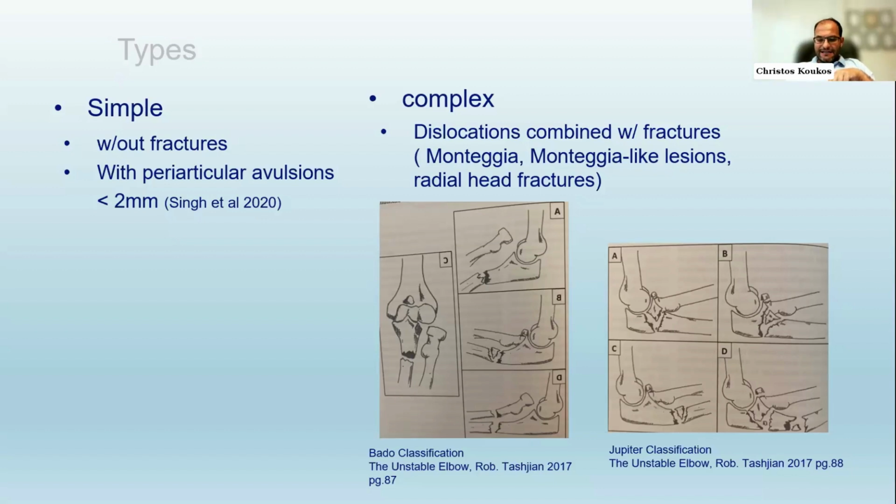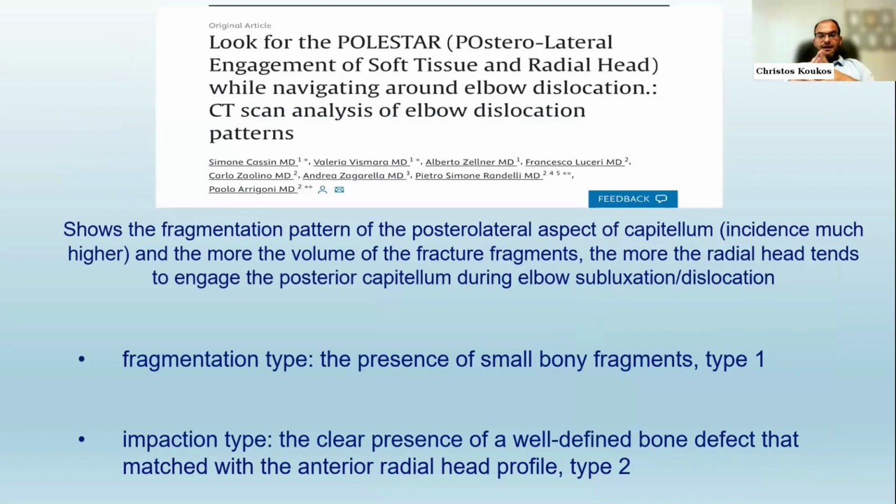Having said that, we can proceed with the most recent classification that we have, the so-called Polestar, which has been described by the group of Paolo Arrigoni. It shows the fragmentation pattern of the posterolateral aspect of the capitellum, and it shows additionally that the more volume of fracture fragments we have, the more the radial head tends to engage into the posterior capitellum and dislocate.